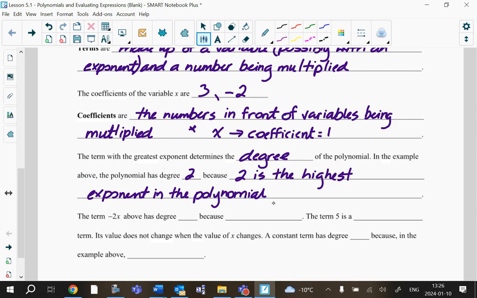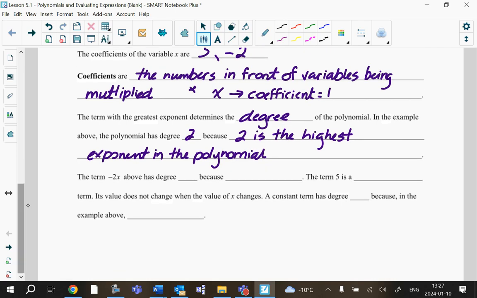Each term has a degree. The whole thing is called degree 2 because the highest exponent that we see in the polynomial is 2. But, like I said, each term also has a degree. So this negative 2x actually has an exponent in it. What would be the exponent we would write here?